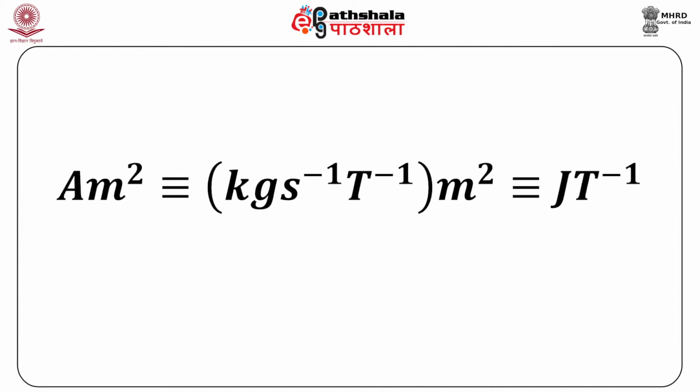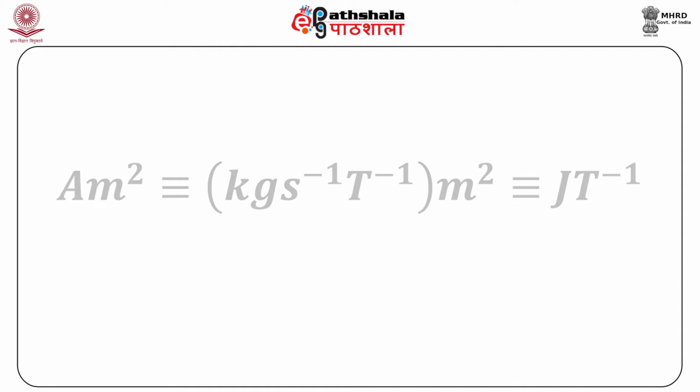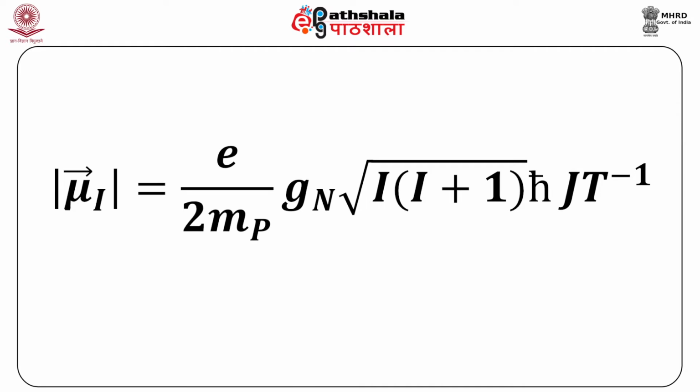The conversion is ampere meter squared equal to kg second inverse squared, Tesla inverse meter squared, which is equal to joules per Tesla. Hence, for a proton we may write the magnitude of mu_I is equal to e by 2 mp, where mp is the mass of the proton, g_n into square root of I into I plus 1, h cross, in joules per Tesla.